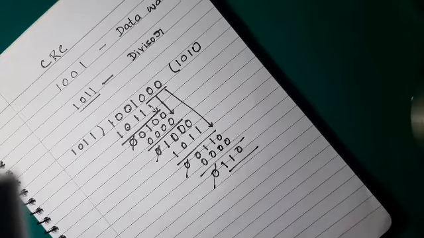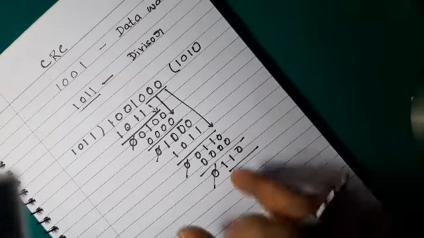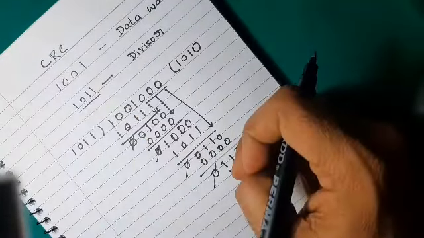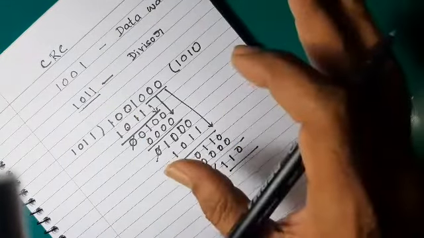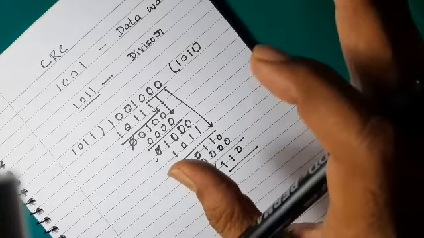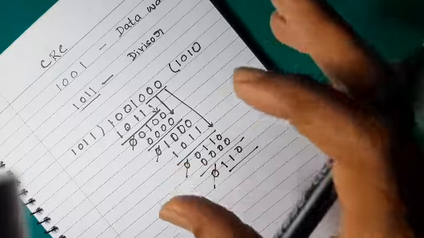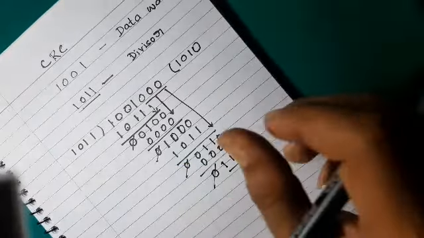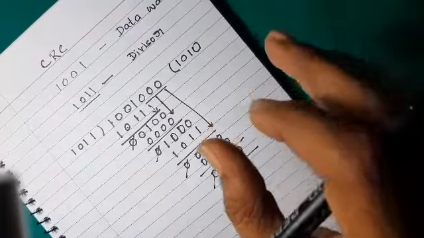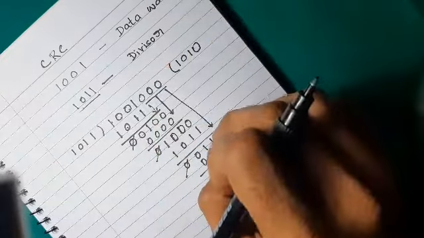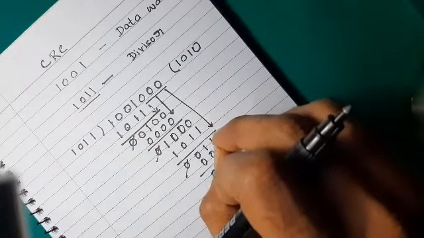The modulo 2 binary division we have performed here is the same as our normal division process, where we use decimal numbers. However, addition and subtraction in this case are the same.